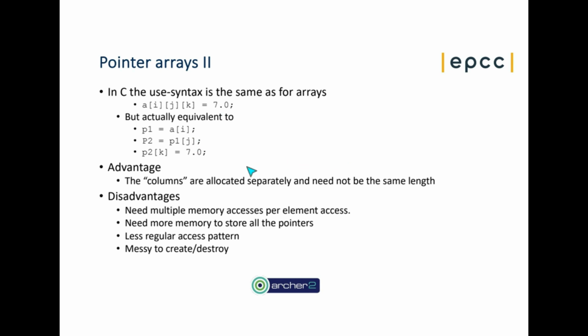So the advantage of this is that not everything has to be the same length, but the downside is that potentially you need multiple memory accesses per element access to dereference the pointers.